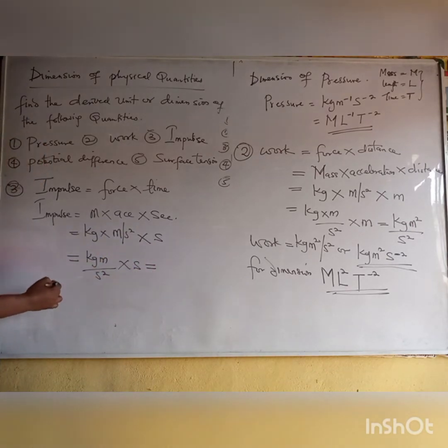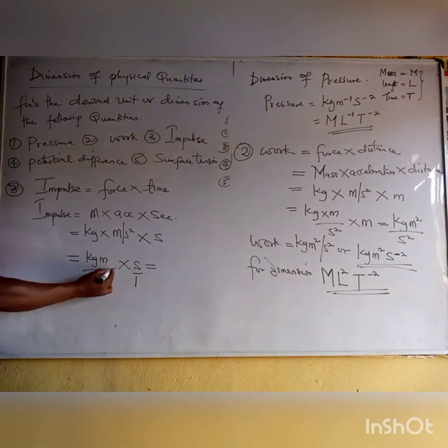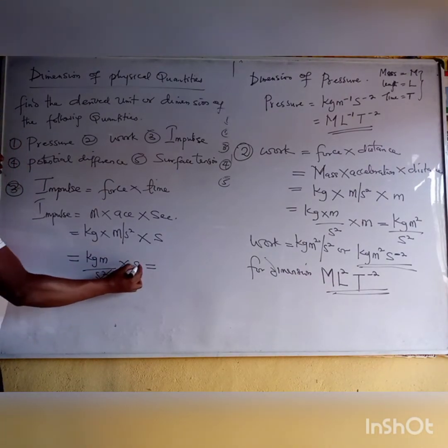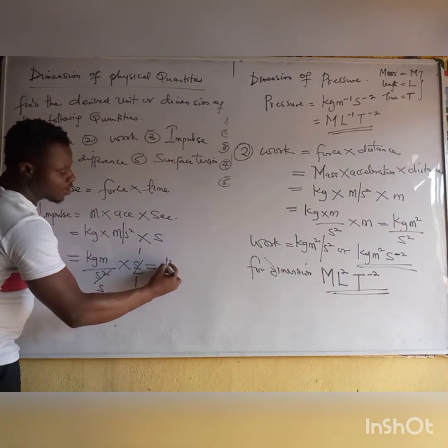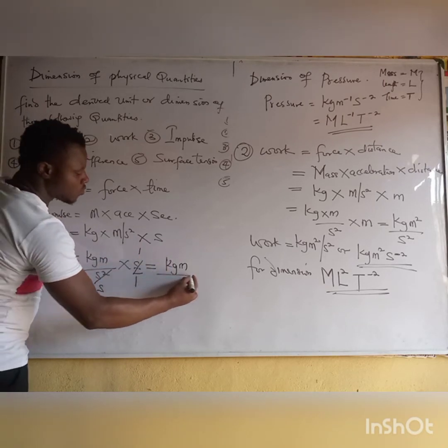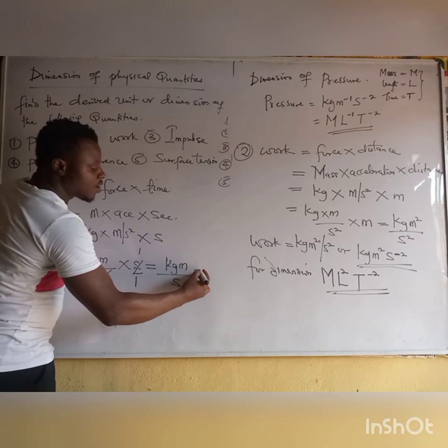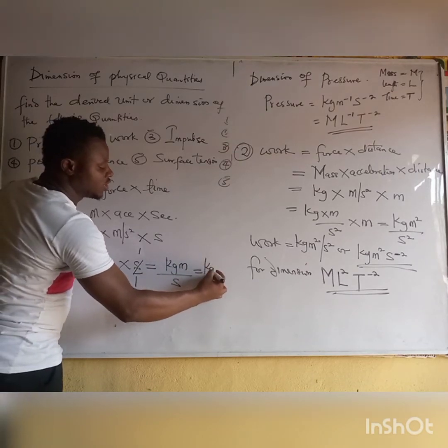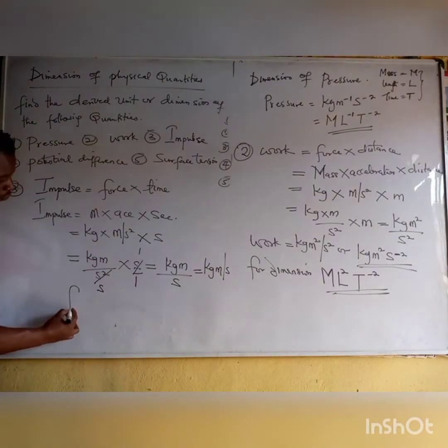Now we can have this 1 over 1. This can cancel, we have s. This can cancel, we have 1. So we have kg meter over seconds. So the derived unit of this is kg meter per second.